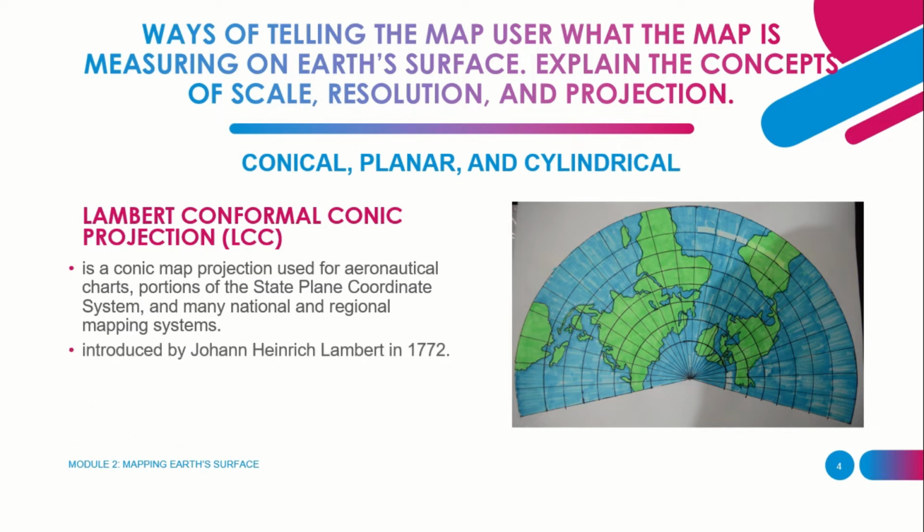It is one of the seven projections introduced by Johann Heinrich Lambert in 1772. When we say conic map projection, it is used to map the mid-latitudes or standard parallel. Moreover, it uses great circle to calculate the shortest distance between two locations.